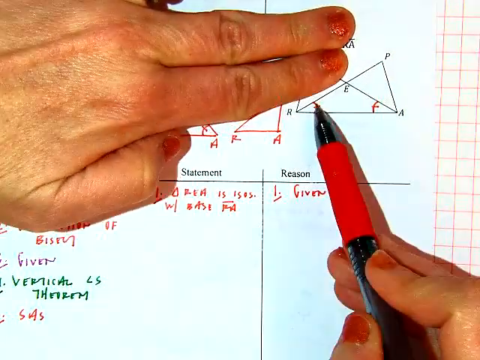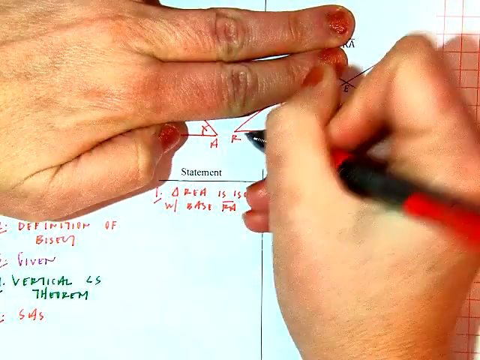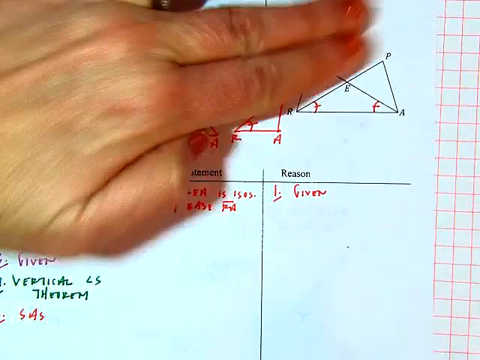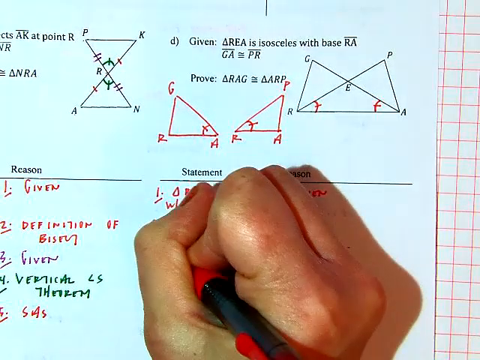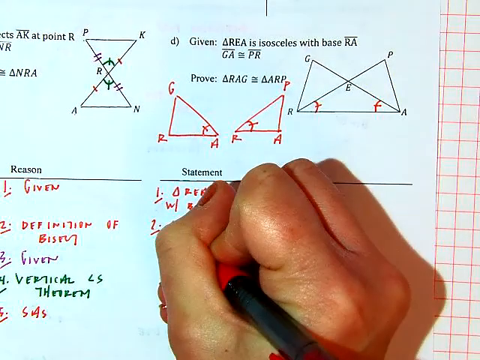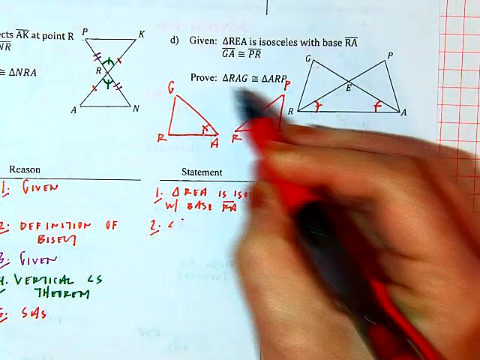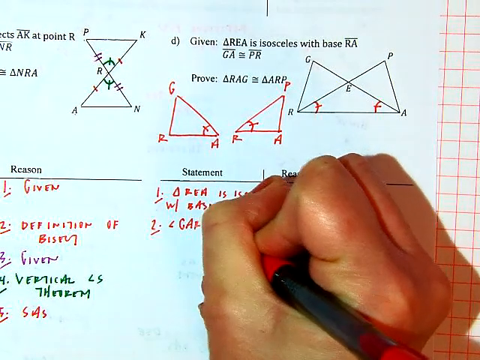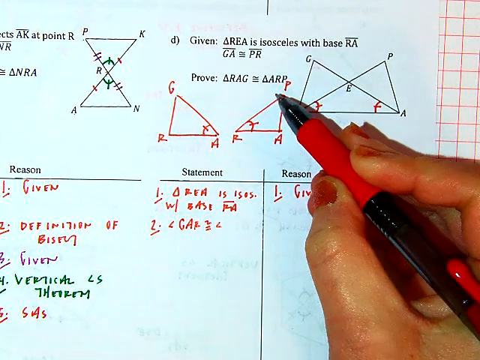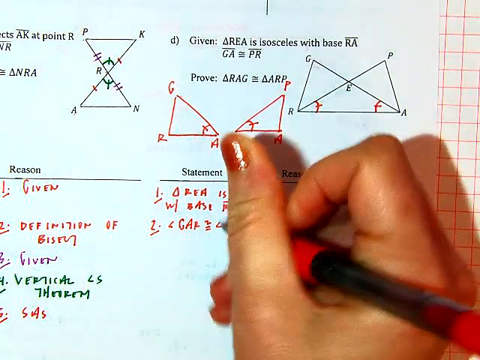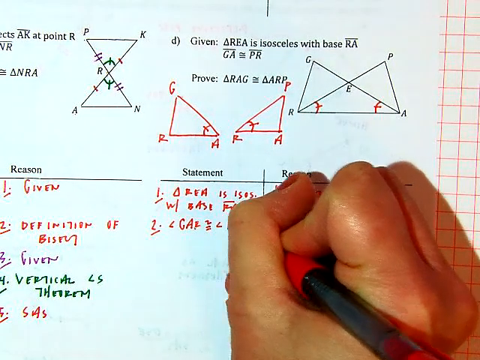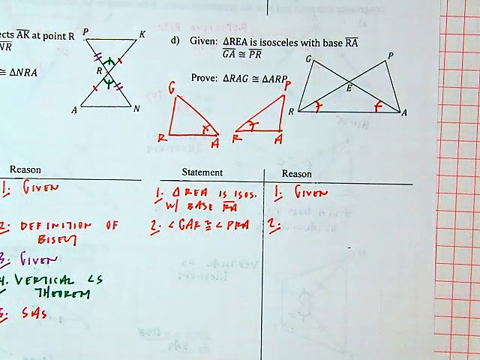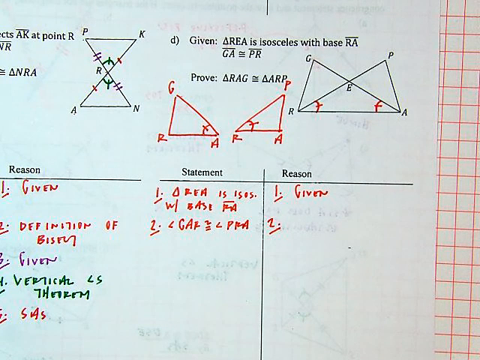And this angle right here is this angle right here. So I can make a connection between angles. I can say the angle, let's see, angle GAR is congruent to PRA. So here I can say, well, because my triangle is isosceles, I have two base angles that are congruent, or two angles congruent.